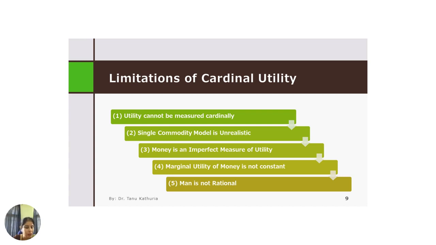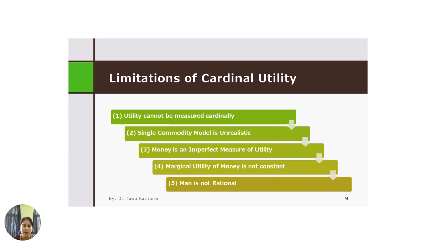When we look at the limitations, first, utility cannot be measured cardinally. Of course, we know it is a mental concept and we cannot measure it. Second, the single commodity model is unrealistic, because here I'm talking about just one commodity, while usually I consume in combinations. Third, money is an imperfect measure of utility.